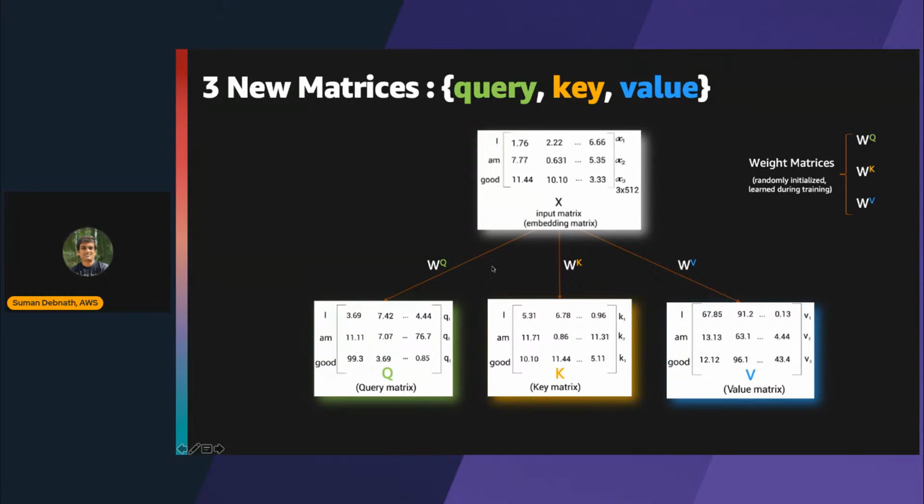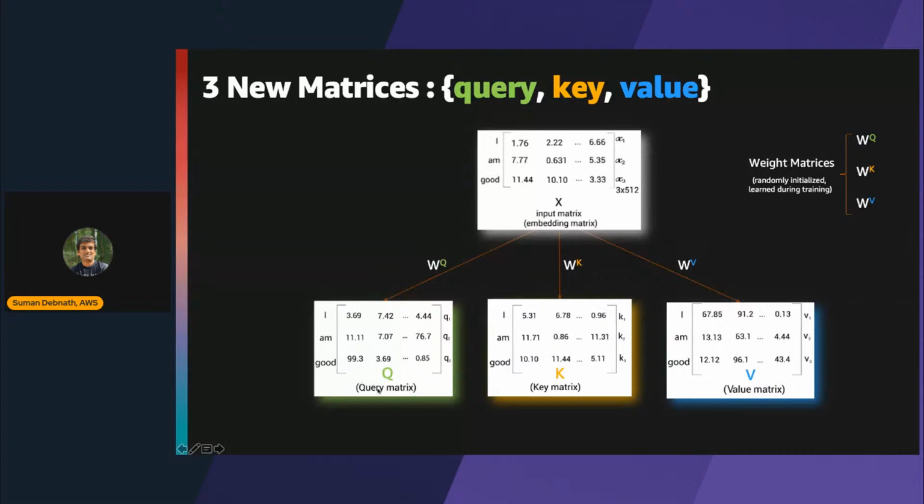You can think of these as randomly initialized matrices, and we multiply them with the input matrix. The size of the input matrix is 3 by 512. Why 512? Because we have used an embedding of length 512. And why 3? Because in this sentence we have 3 words.